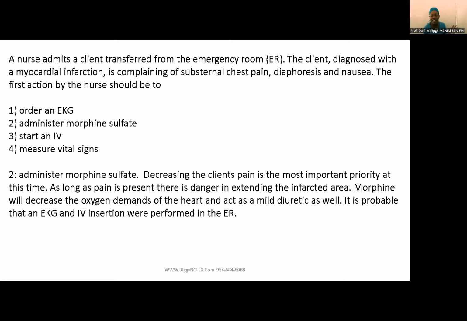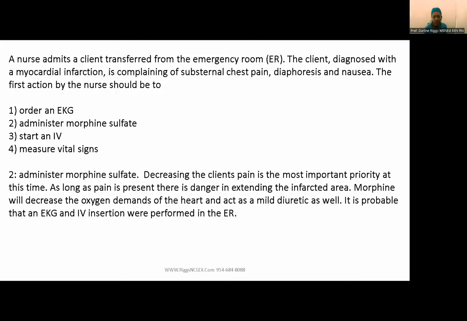Students are telling me this question is coming at them from so many different angles, but you have to pay attention to the question and your answers. Because if I switch the answers and put oxygen, yeah, first thing you want to do is put that oxygen on them. Then do the morphine, then the nitroglycerin, then the aspirin, right?